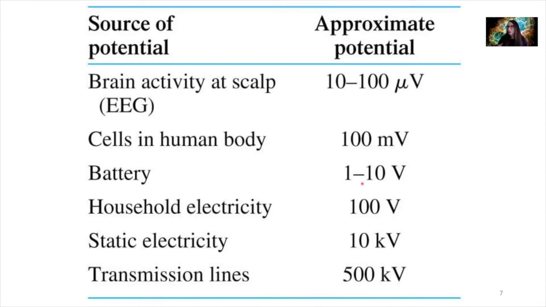A battery, the little batteries we put in everything around our houses, 1 to 10 volts. Household electricity is 100 volts. Static electricity can generate a lot of potential. The electricity that's traveling long distances in power lines, 500 kilovolts. And we'll use some of these later in different problems.